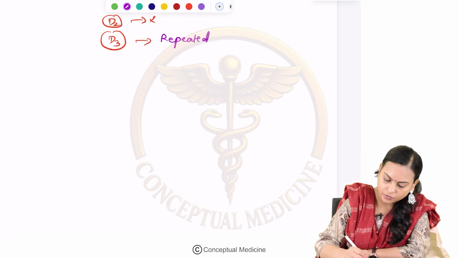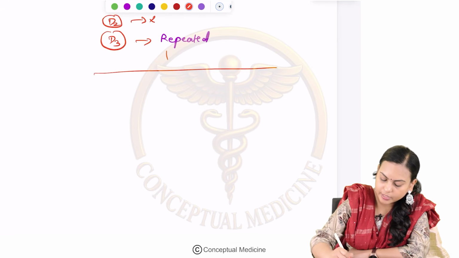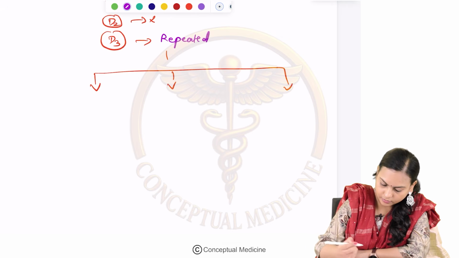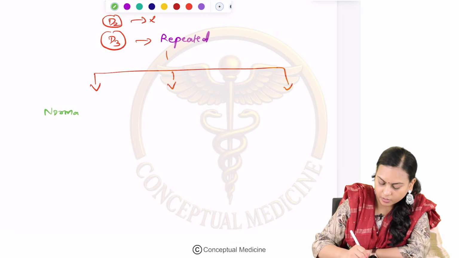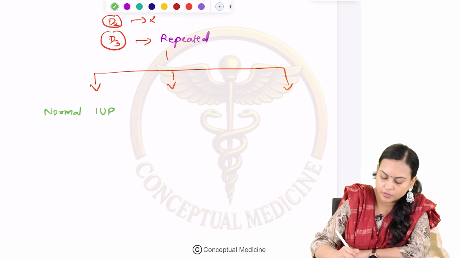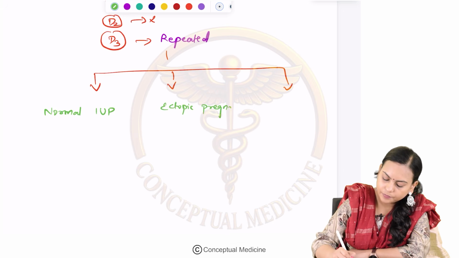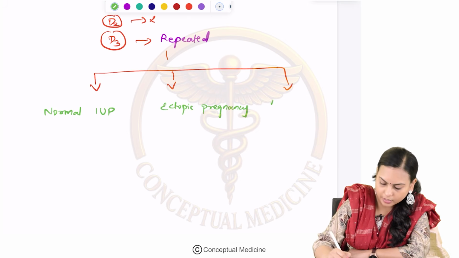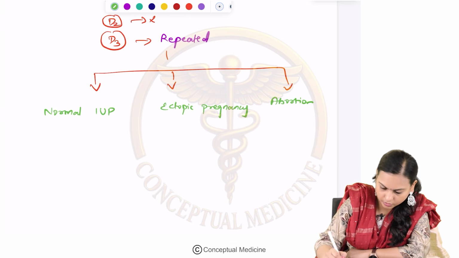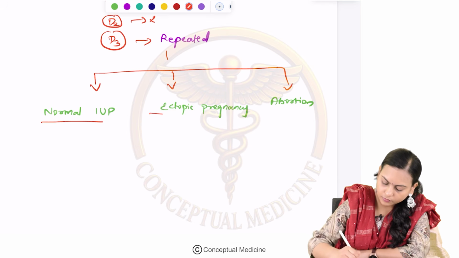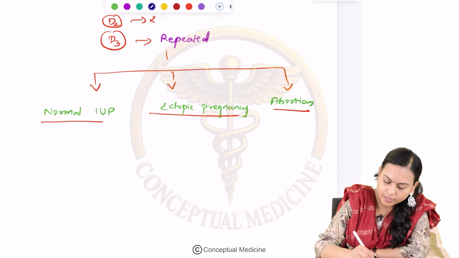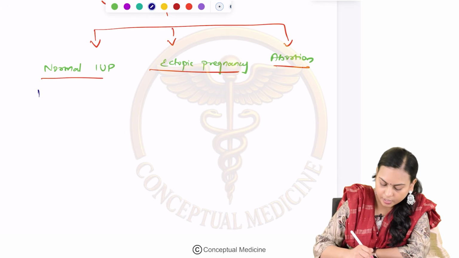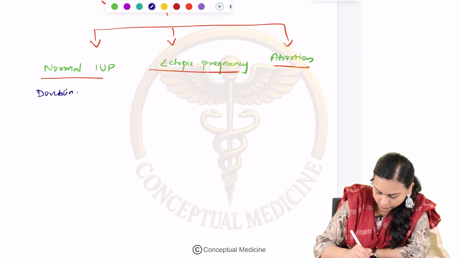Okay. So, there can be 3 scenarios. Either it can be a normal intrauterine pregnancy, or it can be an ectopic pregnancy, or it can be an abortion. So, if it is a normal intrauterine pregnancy, doubling of beta HCG values will be seen.